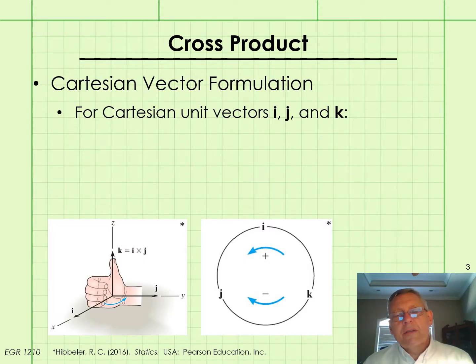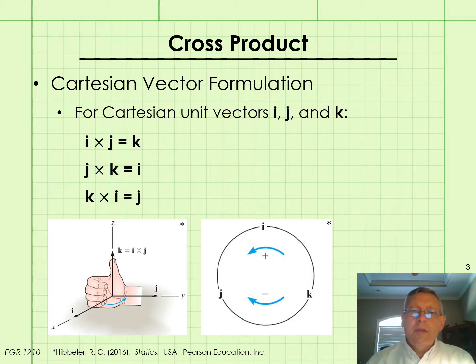Before we discuss the cross product of two general vectors that are written in Cartesian form, let's look at cross products involving the Cartesian unit vectors i, j, and k. So with three vectors, we have the possibility of 9 different cross product equations we can write, and we'll look at those three at a time, beginning with these three.